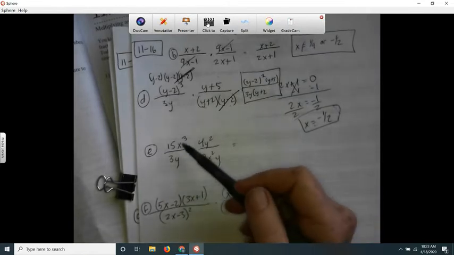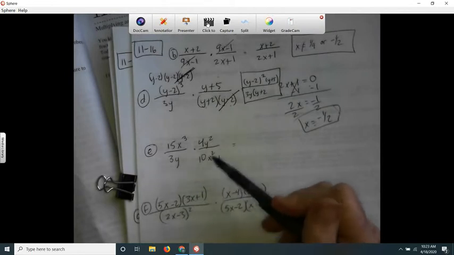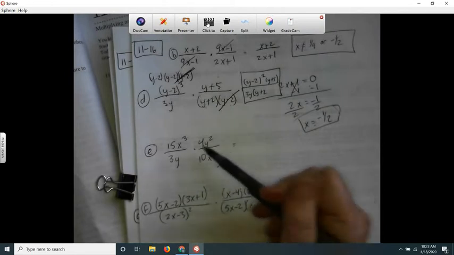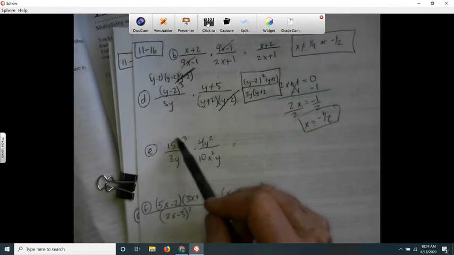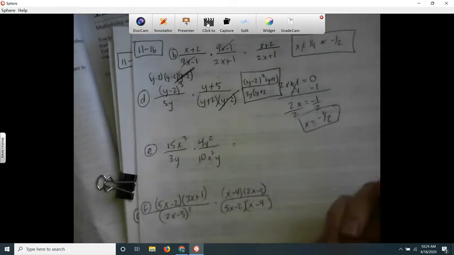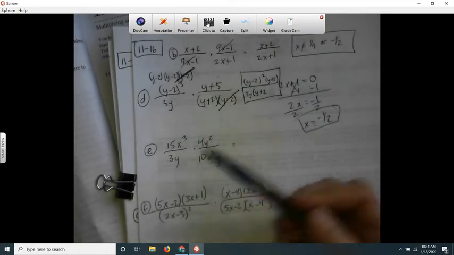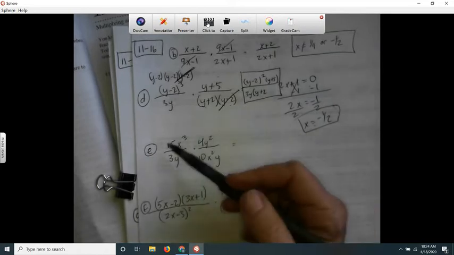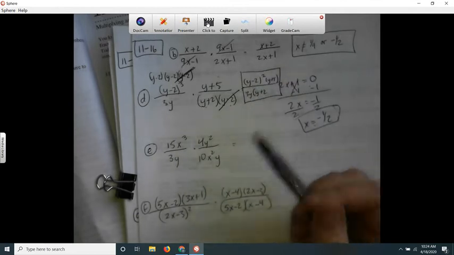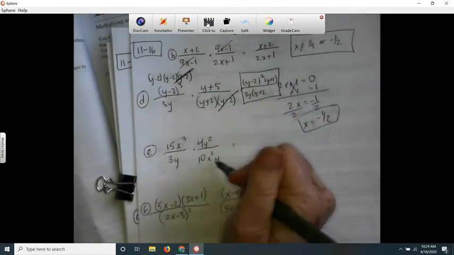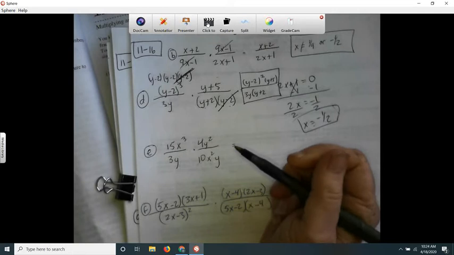Any numerator and any denominator can cancel with each other. I could choose to cancel my 15 and my 10 by 5s, or I can do my 15 and my 3 by 3s. I'll just do it this way. You can do it crossways; you can do it however you want as long as whatever you do is true.